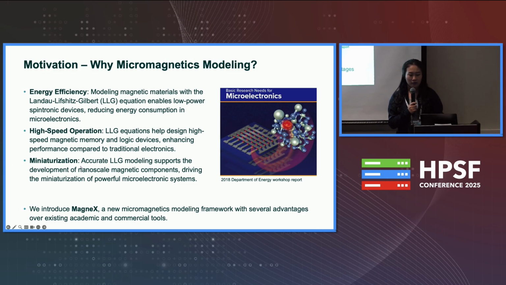To model this device, we have to look into how we solve the LLG equation and how the LLG equation is coupled with other types of PDEs in the system.